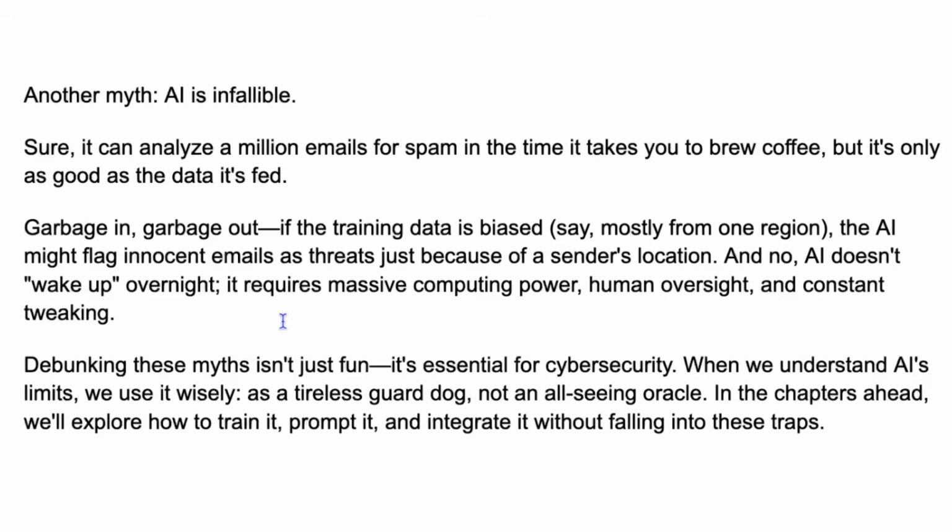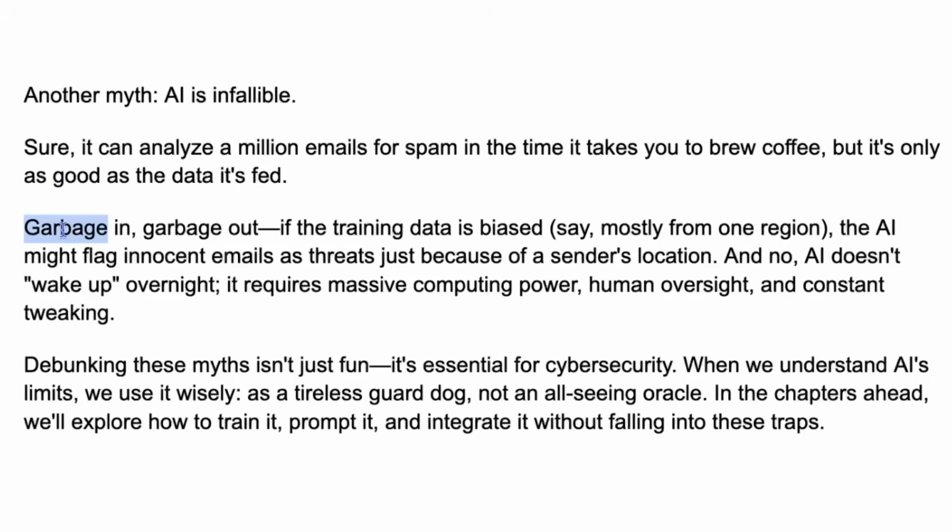Another myth is that AI is infallible, meaning it doesn't make mistakes. It doesn't have the ability to make mistakes. And that's also very untrue. It has the ability to analyze 1 million emails for spam, right? In the time that it will take you to brew coffee, it can go through 1 million emails. But it's only as good as the data that it's fed. Meaning what?